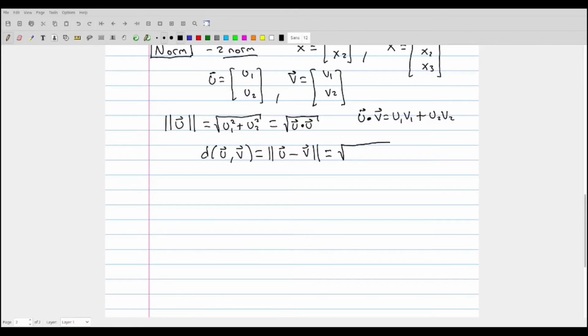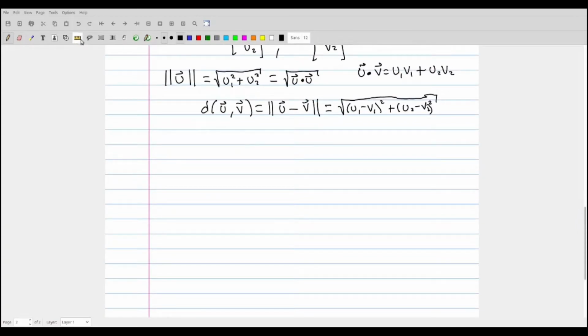So in 2D, this is the square root of, say, u1 minus v1 squared plus u2 minus v2 squared. To get a picture of this, you can draw out these 2 vectors. Call this vector right here u, the vector u1, u2, and this vector right here, the vector v, is v1, v2.